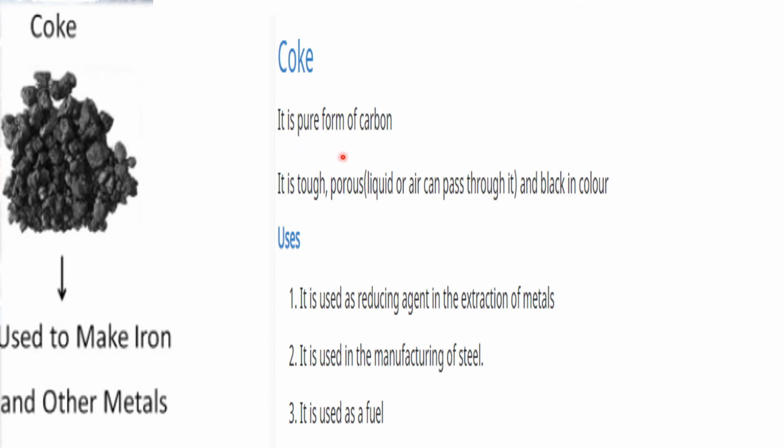It is the purest form of carbon, and it is so tough and porous that liquid or air can pass through it, and it is black in color. It is generally used as a reducing agent in extraction of metals, and it is also used in manufacturing steel and as a fuel.